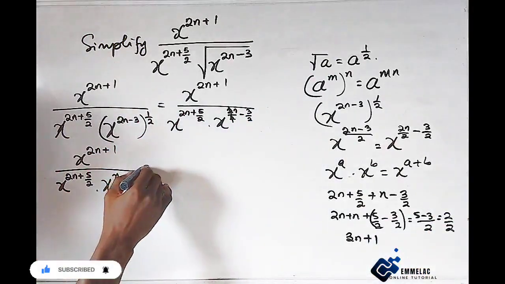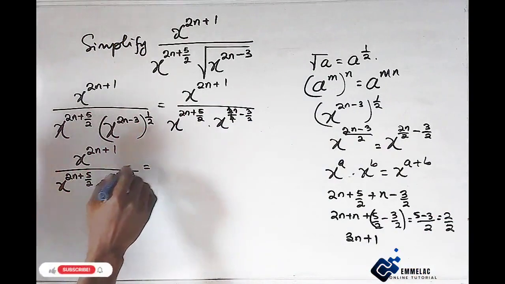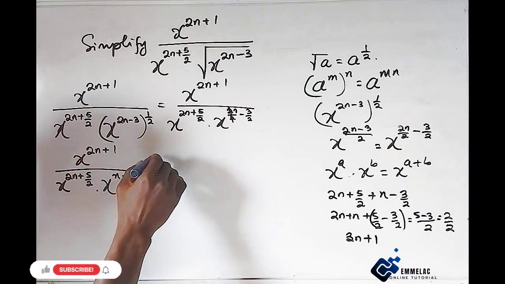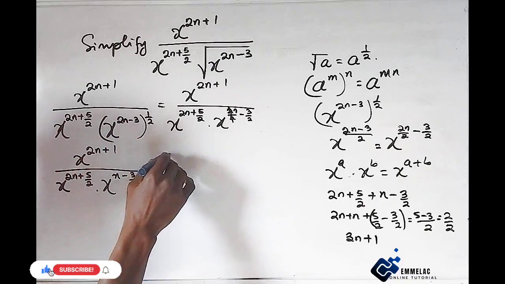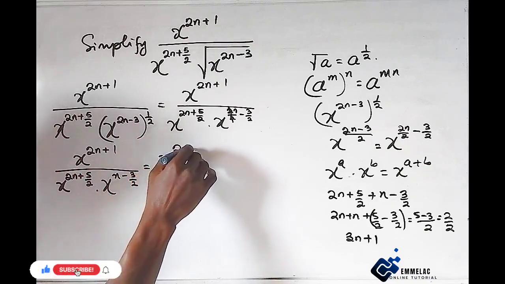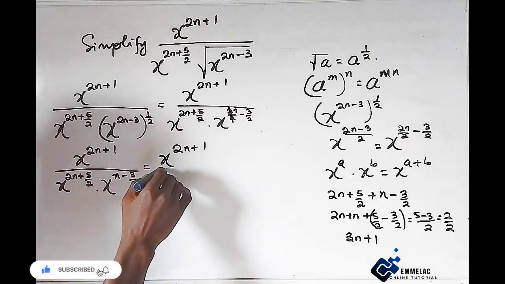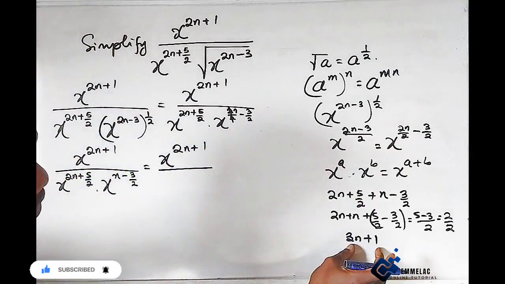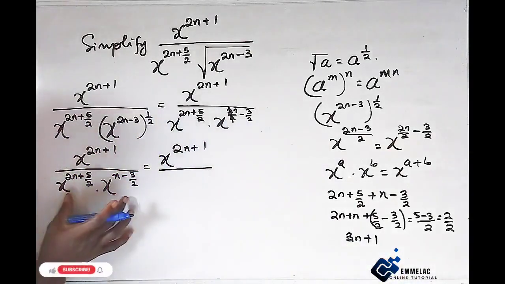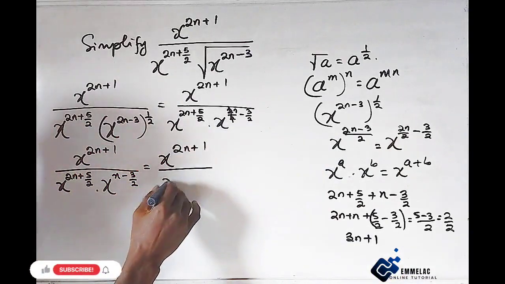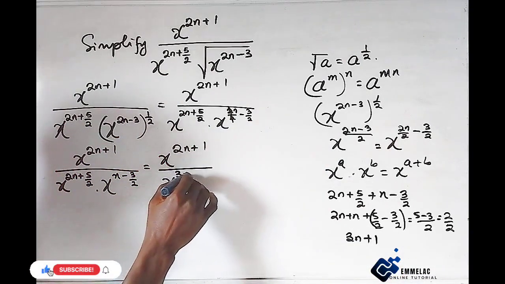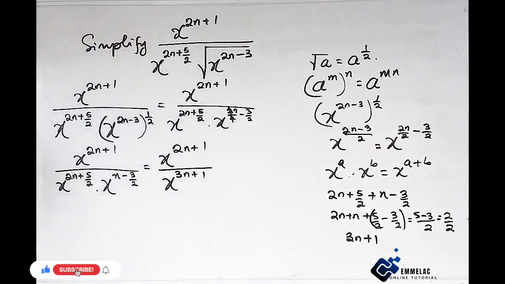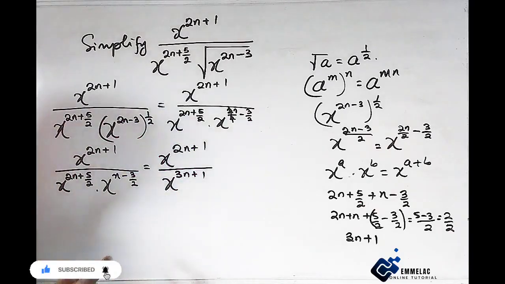So at the end of the day, we have x raised to the power of 2n plus 1, all over, for the denominator, the whole of this becomes x raised to the power of 3n plus 1.